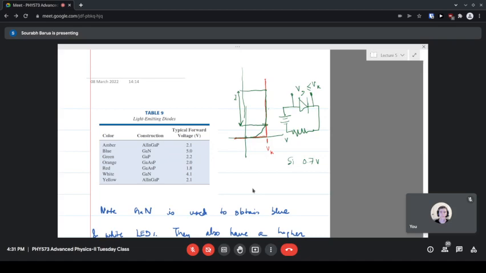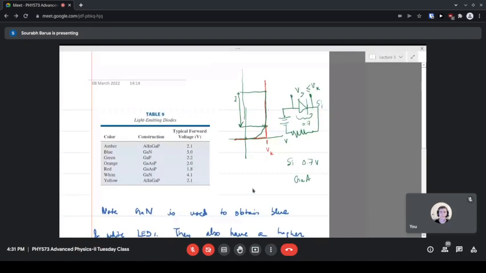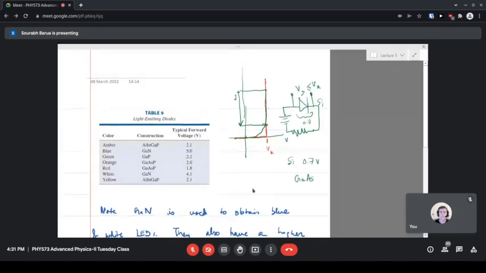Generally, when we have a silicon diode in the equivalent circuit, when it is conducting, we assume that the voltage across this is 0.7 volts if it is a silicon diode. If in a question it is given to you that the diode is gallium arsenide, what kind of voltage will you assume?